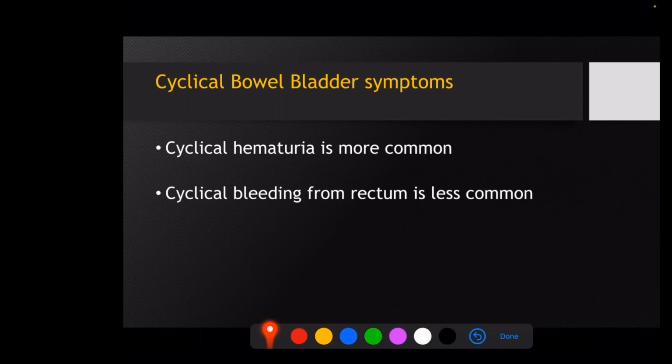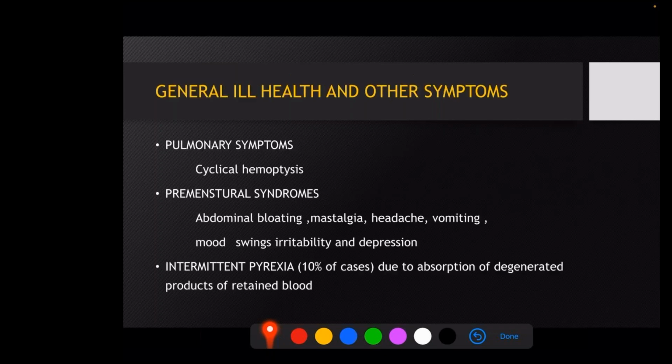Then cyclical bowel and bladder symptoms. Pain on defecation and urination, and bleeding per rectum and urethra, may be experienced cyclically. Cyclical hematuria is more common, but cyclical bleeding from the rectum is less common. There may also be general ill health and pulmonary symptoms like cyclic hemoptysis, where the patient experiences hemoptysis during the menstrual bleeding phase.